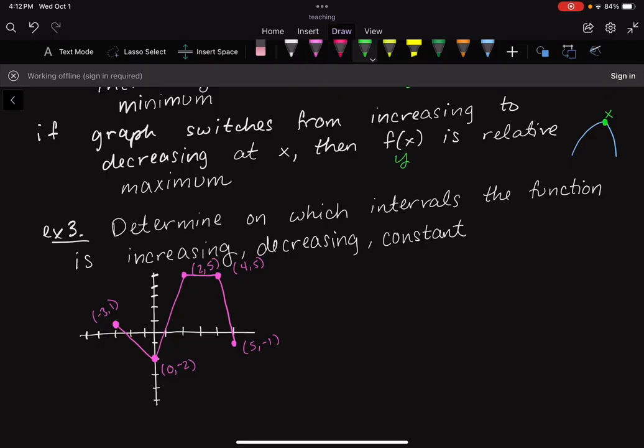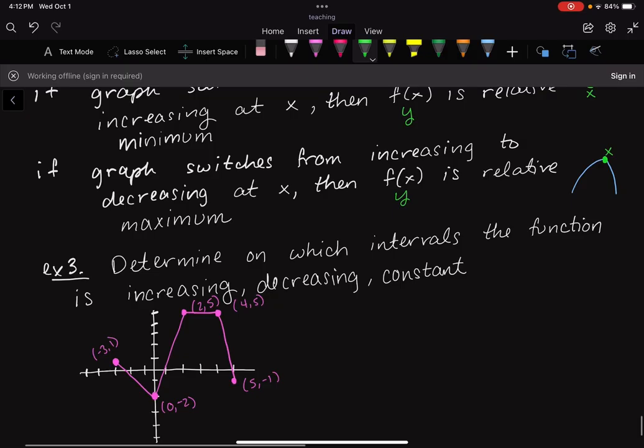And so I want to know, where is the function decreasing? Where is it increasing? Where is it constant? For increasing, I want to look anywhere where it looks like it has a positive slope.